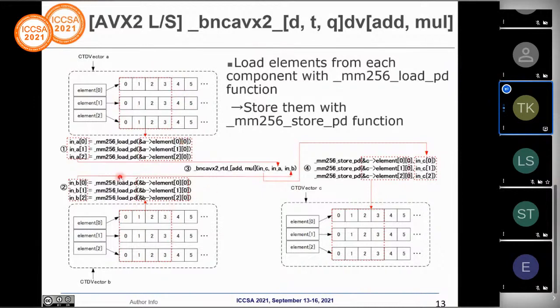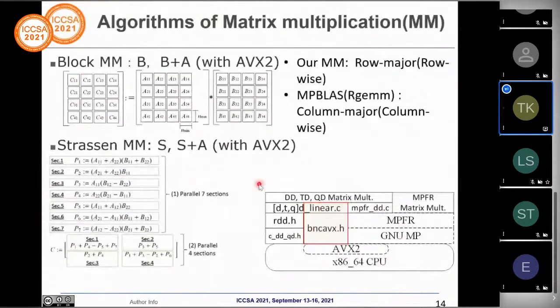So we can use load and store functions in AVX2. These are the algorithms used in our benchmark test.